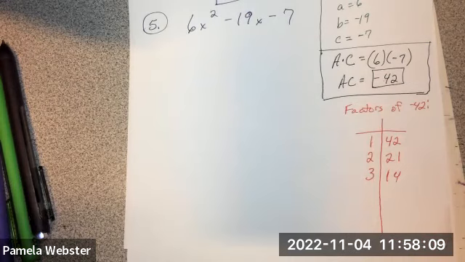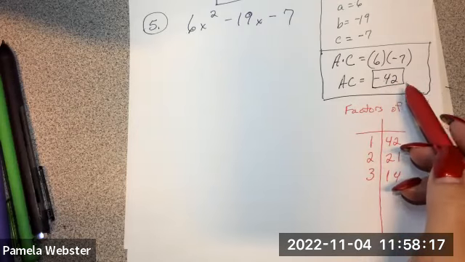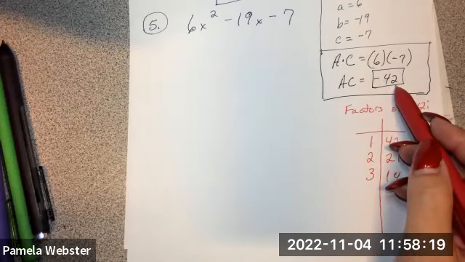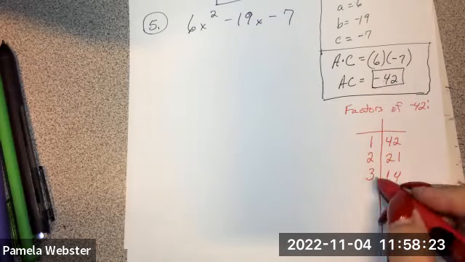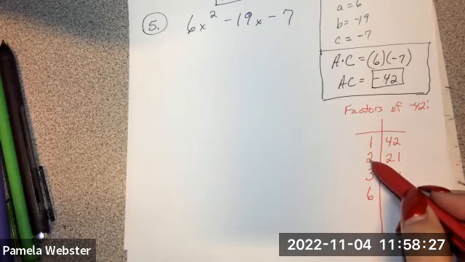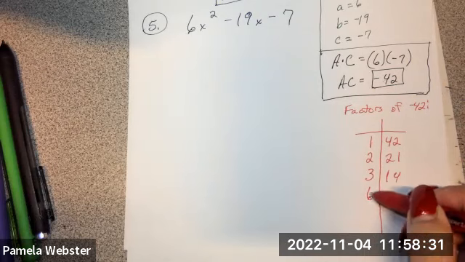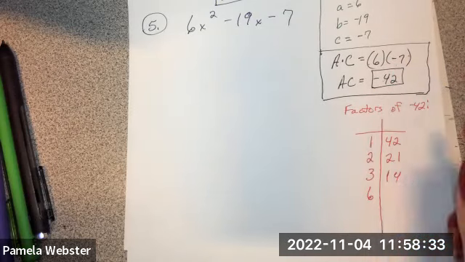3 and 14. And then 42 is not divisible by 4. I know that because 40 is, and it's really close. So it's not divisible by 4. It's not divisible by 5 because it doesn't end in a 0 or a 5. It is divisible by 6, and I know that because it was divisible by 2 and it was divisible by 3. That means it's divisible by 6. And we happen to know, well, yeah, of course it is.